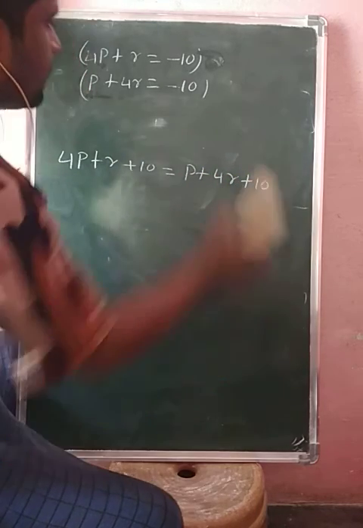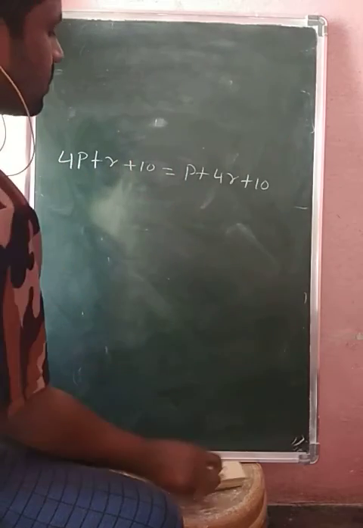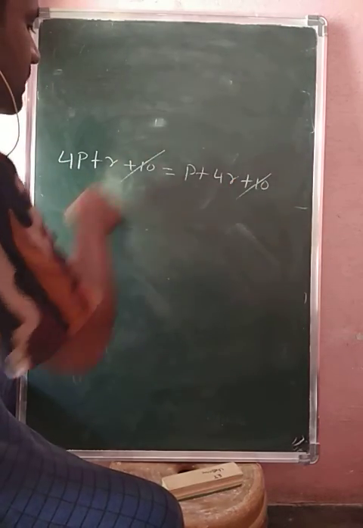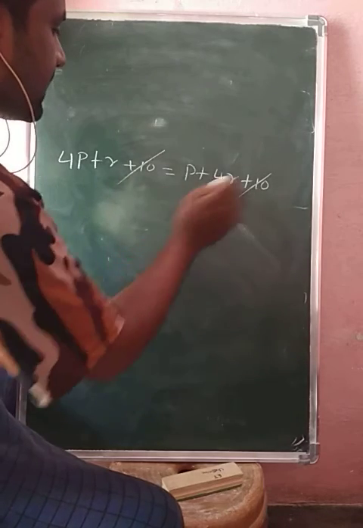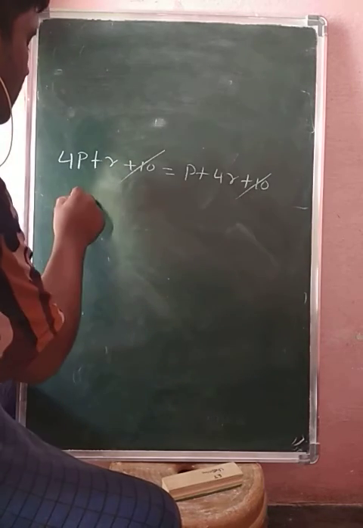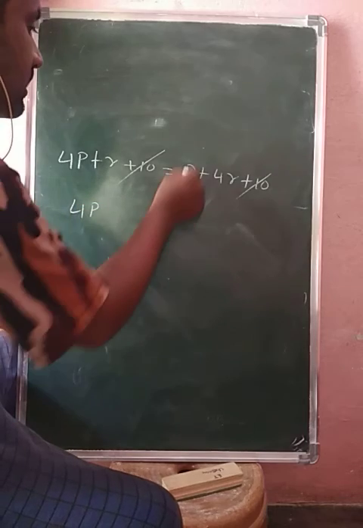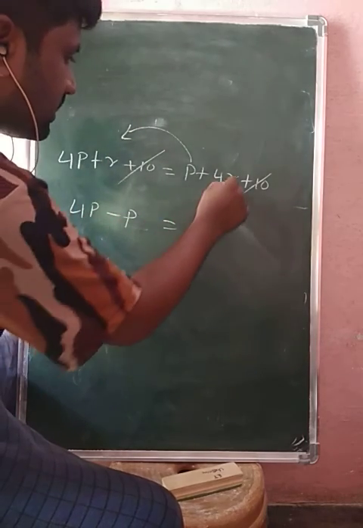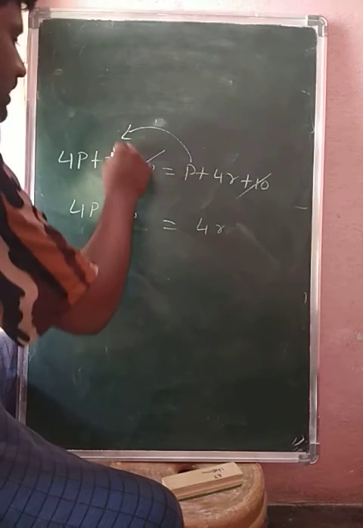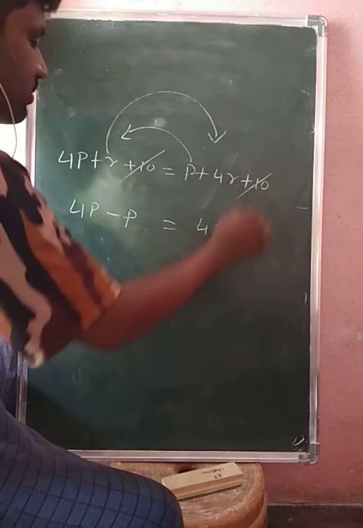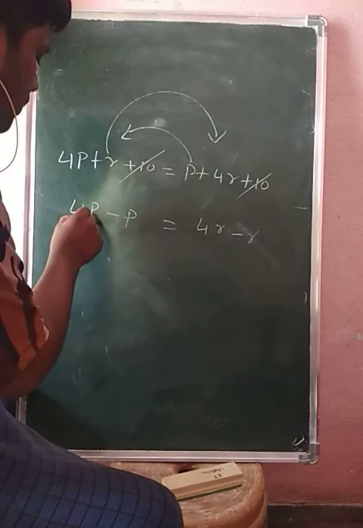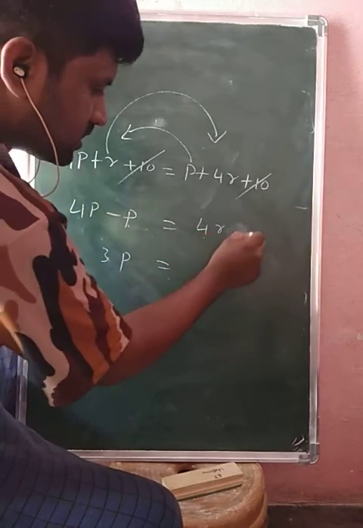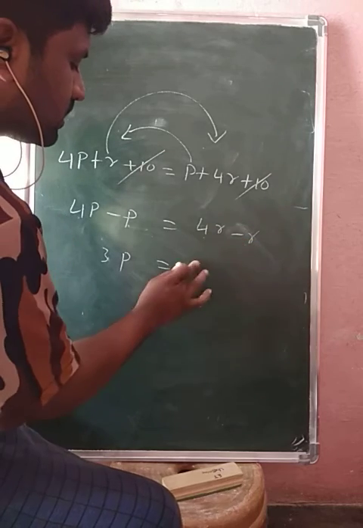I am equating these two. Then what happens? Here plus 10 cancels, both have like signs. Here 4p is there, this p transposing to this side becomes minus p. Here 4r is there, plus r transposing to this side becomes minus r. 4p minus 1p is 3p, and 4r minus 1r is 3r.